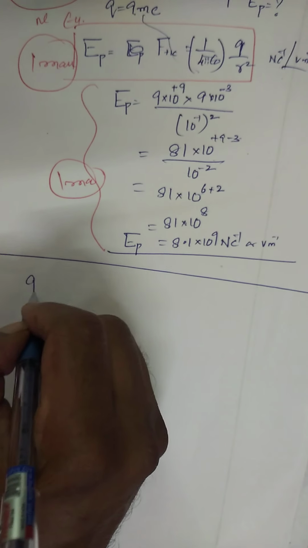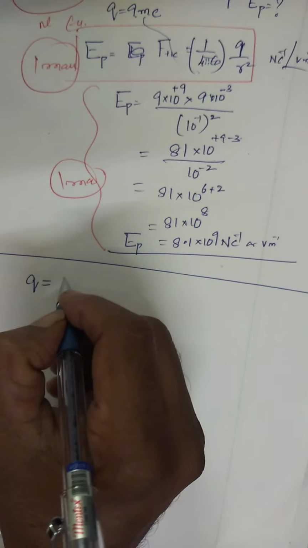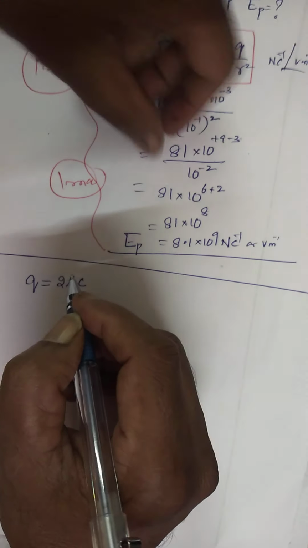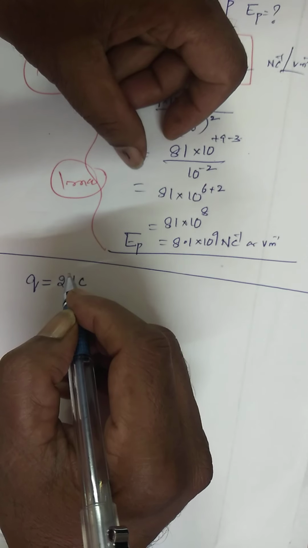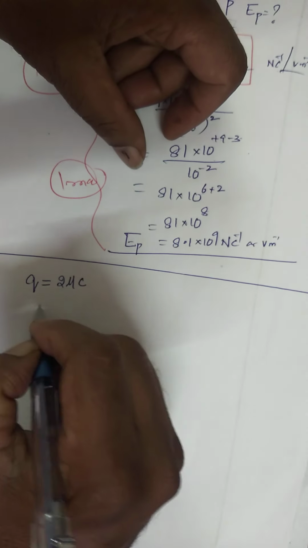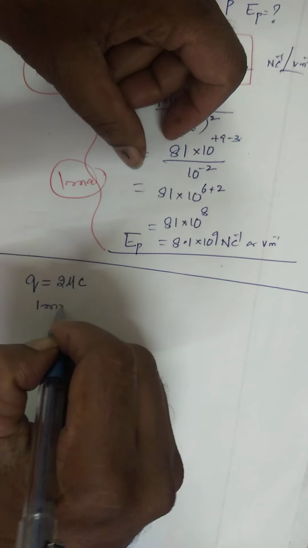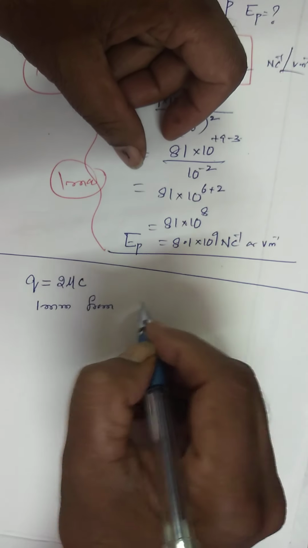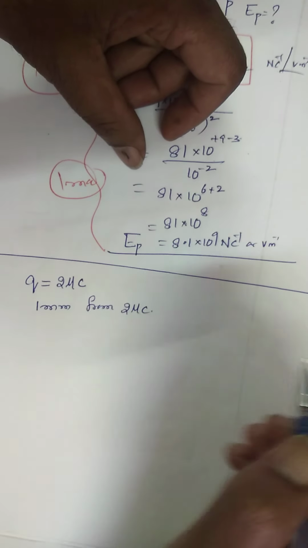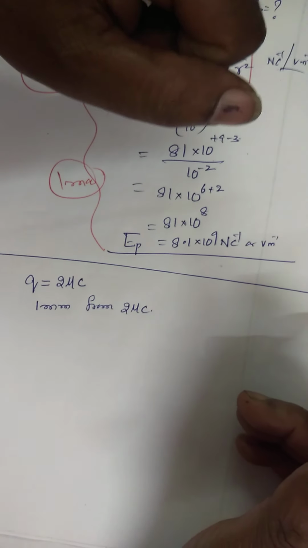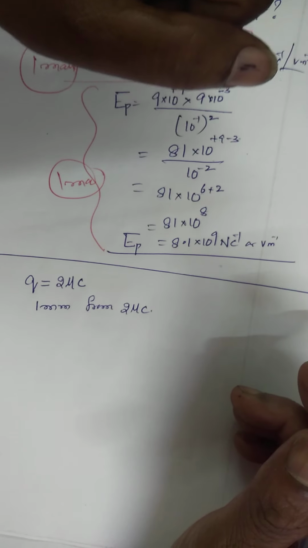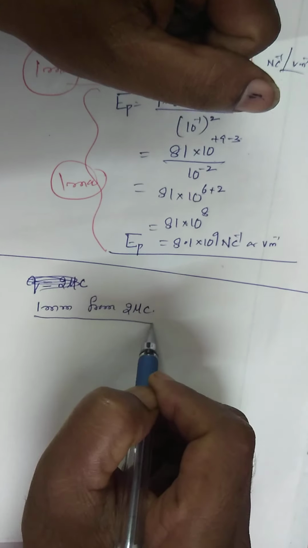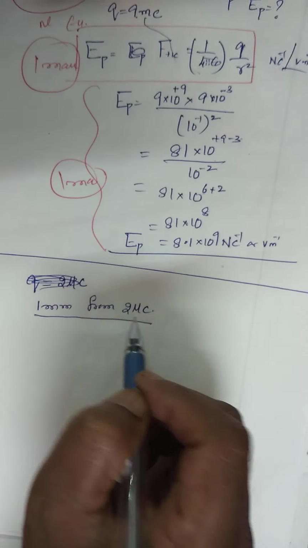Calculate the electric field. I will give another problem: 2 microcoulomb. Calculate the electric intensity at a point 1 millimeter from 2 microcoulomb.